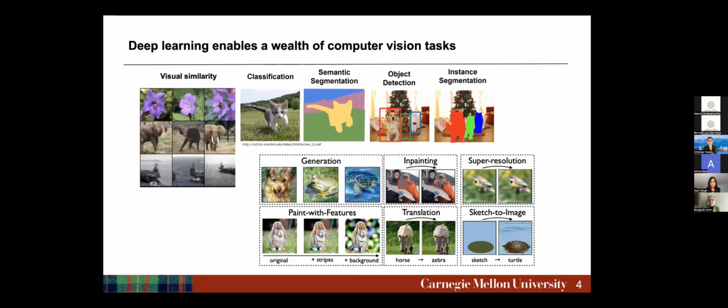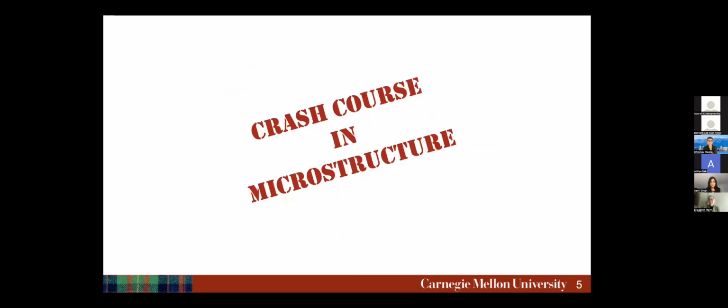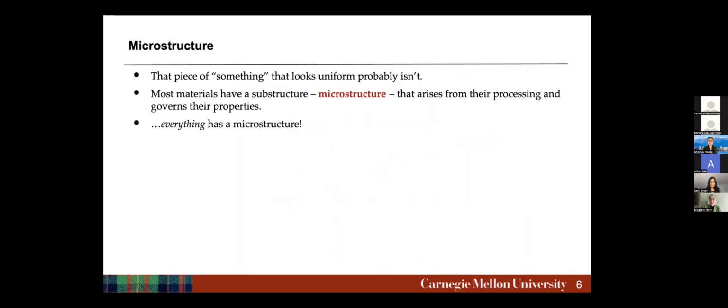Let me now take you to my field, which is material science. And in particular, it's microstructural science. So I'm going to give you the 2-slide crash course in microstructure. Okay, bear with me. Look around you in your real environment. There's something that you're looking at.